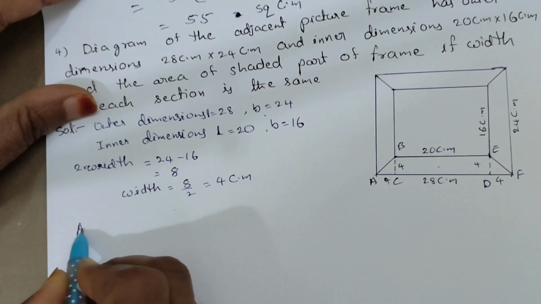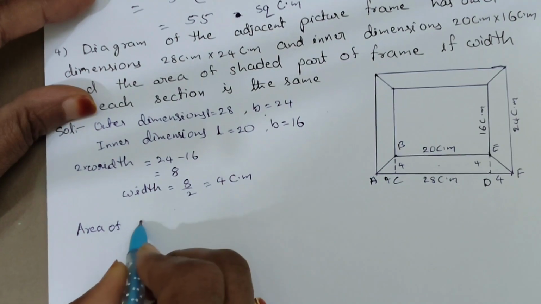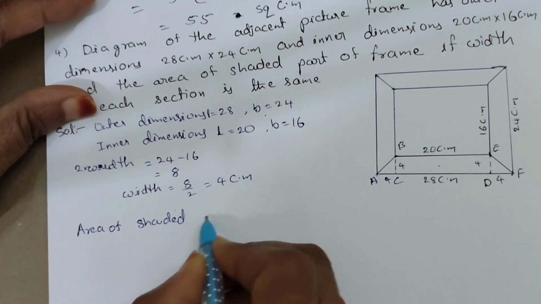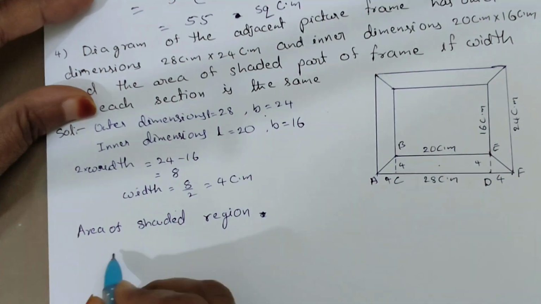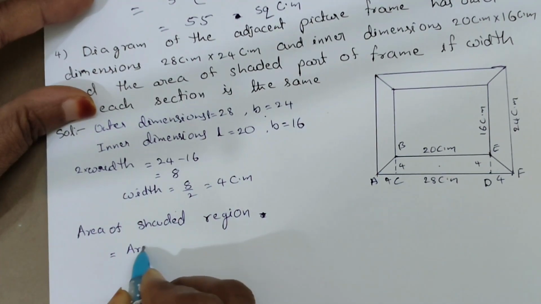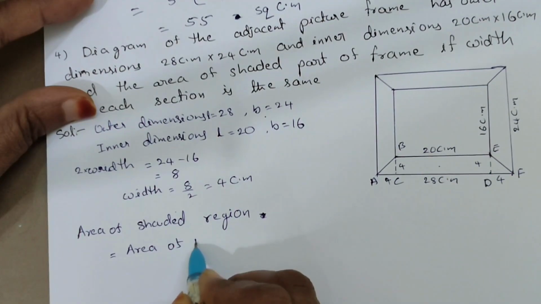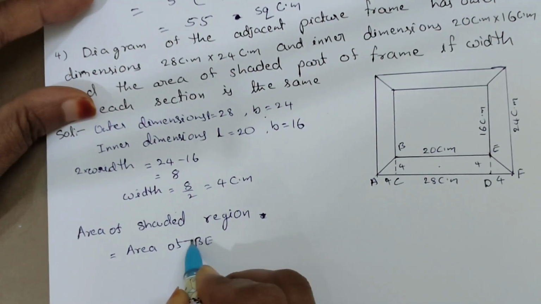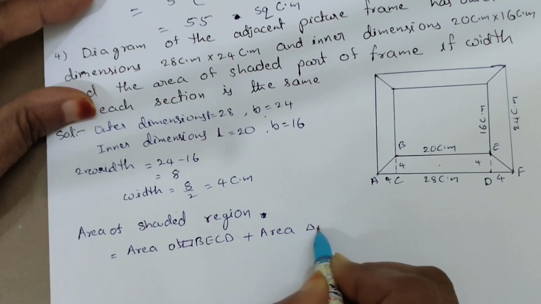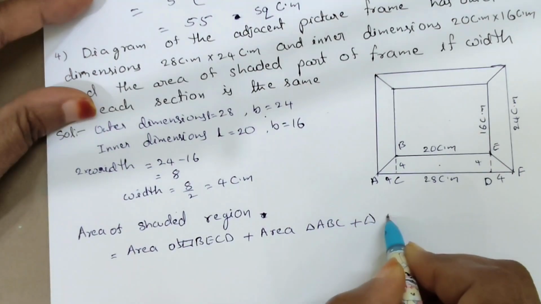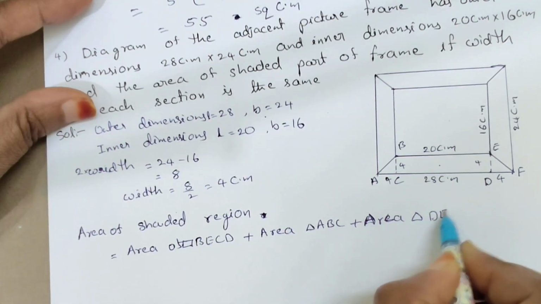Area of a shaded region is equal to, first one is the area of rectangle BECD, plus area of triangle ABC, plus area of triangle DEF.